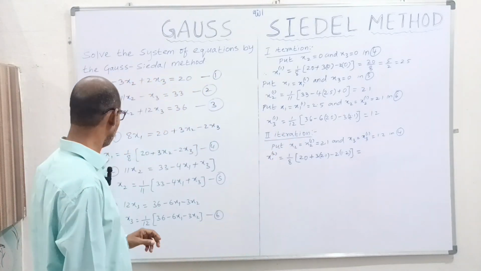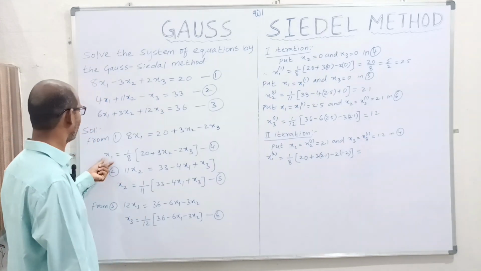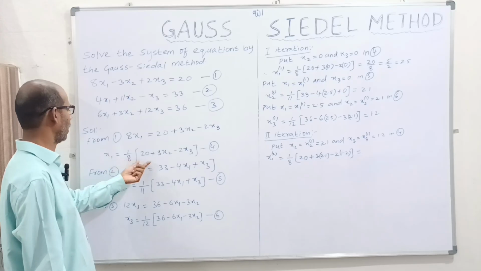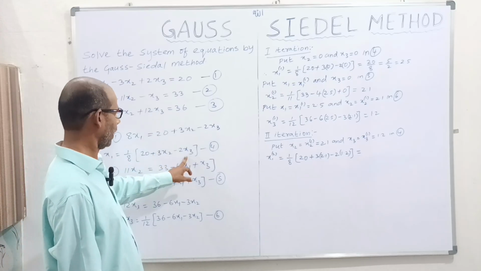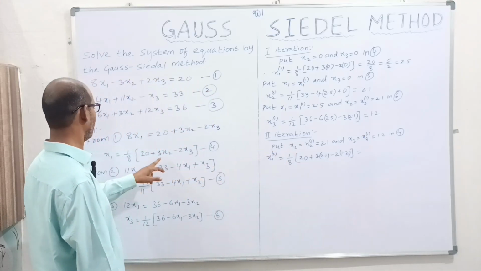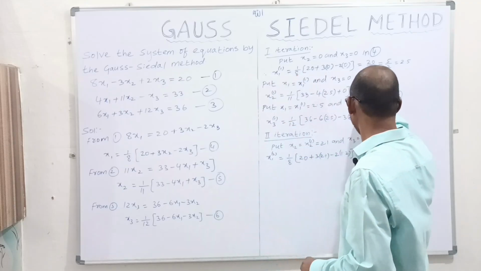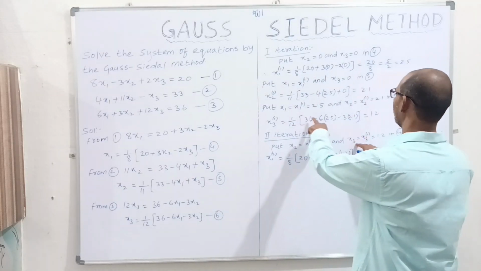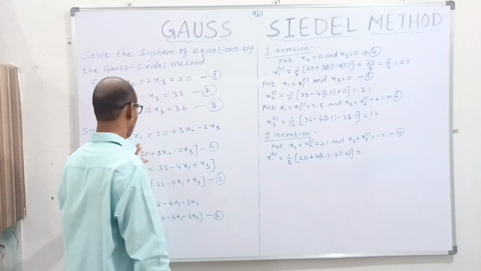So for the second iteration, we have to find the values of x1, x2 and x3. For finding x1, we have to use this one, and instead of x2 and x3 we are going to substitute the values from the first iteration, that is 2.5 and 1.2, in equation number 4.